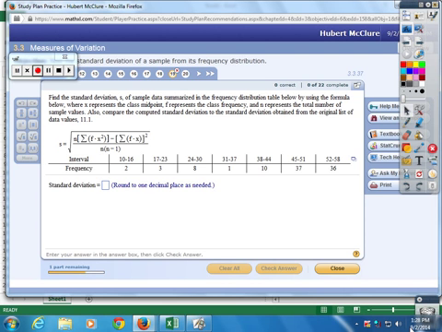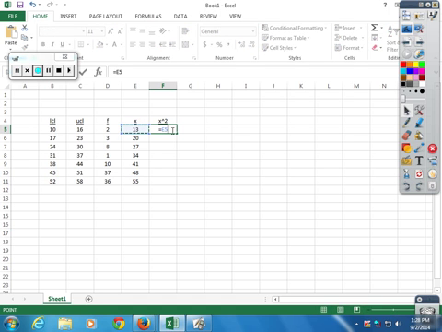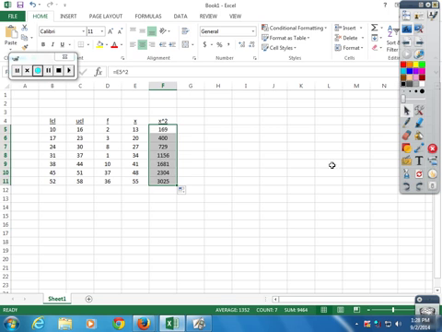I'm going to open up my handy dandy spreadsheet, and I'm going to call this X squared, and that's equal to this guy raised to the second power, and then copy that down and check your numbers, see if you come out with those same numbers.